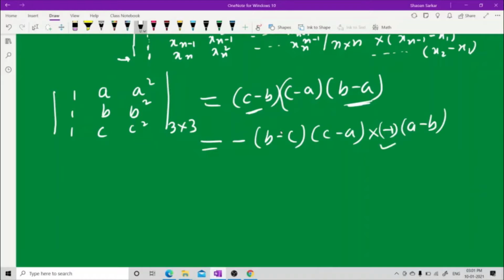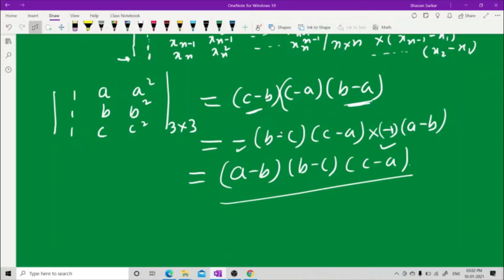This minus 1 and this minus 1 will become plus. So rewriting it again, a minus b, b minus c, c minus a. I hope you've understood the way the Vandermonde determinant is used to solve this type of problem. This was method 1.